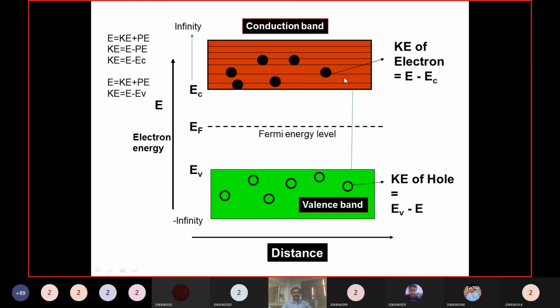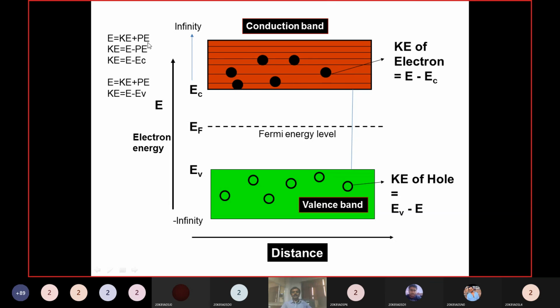Now observe here. The total energy of the electron is kinetic energy plus potential energy. Potential energy depends on the position. The position here is the conduction band, so EC gives the position. Due to the position some energy occurs, which is the potential energy.